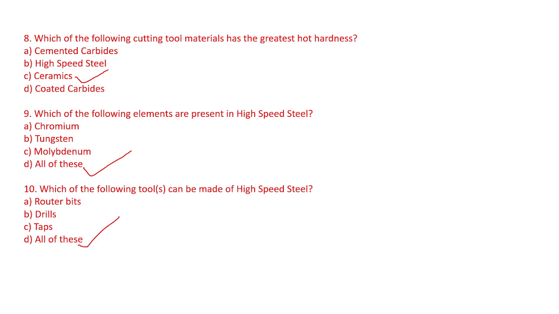Alumina, Al2O3, or silicon nitride, silicon carbide. Silicon nitride and alumina are being used nowadays as materials in ceramic cutting tools, so both of them are the correct options.